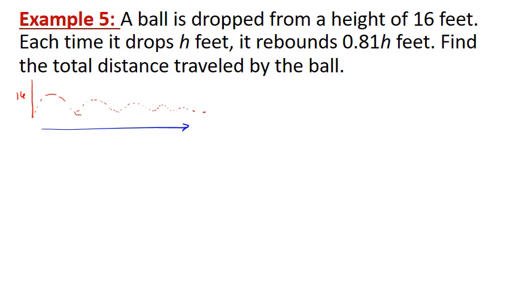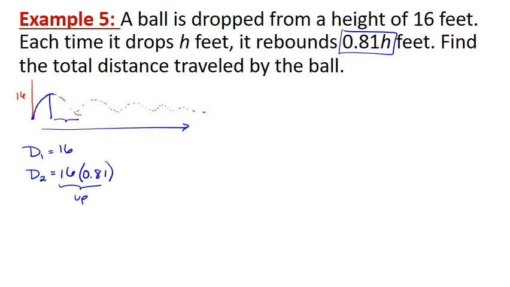Okay, and what we're looking for is this distance that it travels. Now it's important to know that originally we drop that ball 16 feet. So to find this other distance, we are starting here, on this little hump. To get from here to here, I'm taking 16 times 0.81. This is like the upswing of the ball.